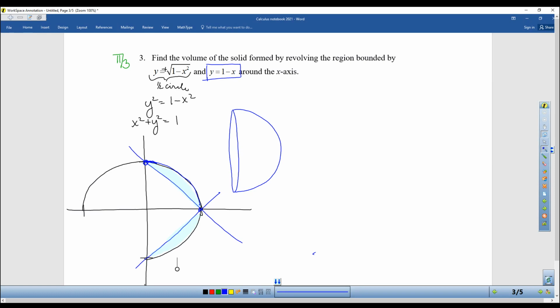Think about it. Where would you have to stand in order to see that this has been cut out like this? You'd have to stand here. You'd have to walk around and look at it from the negative side of the x-axis. And then you would see that it is missing a cone. Actually, I'll make it dotted just so you can see it. It's not actually there. It's just like this. Okay, so that piece is missing.